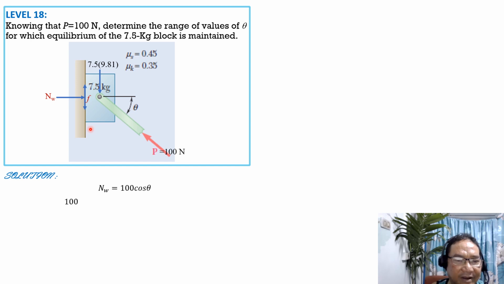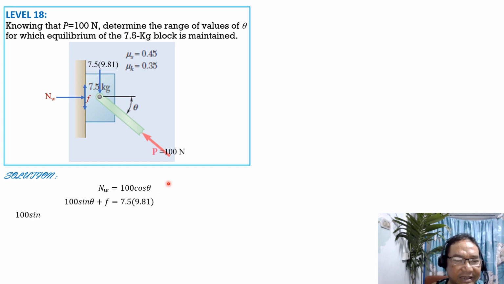So we have 100 sine of theta plus f equals 7.5 times 9.81. So f is mu sub s, 0.45, times Nw, and the value of theta here corresponds to the minimum theta as mentioned earlier.